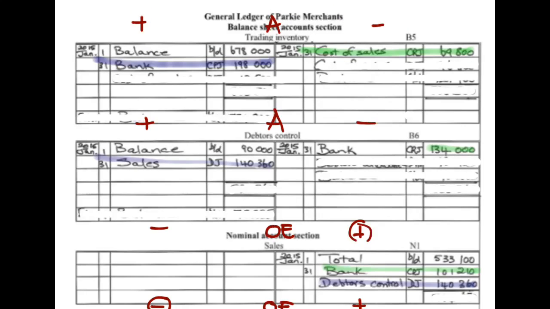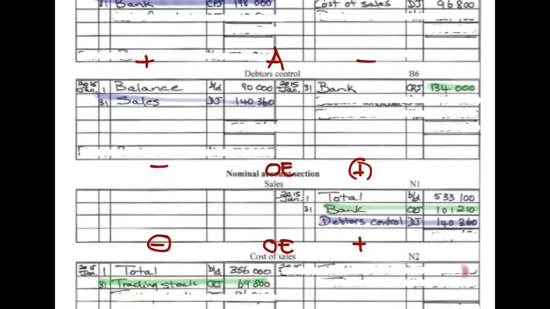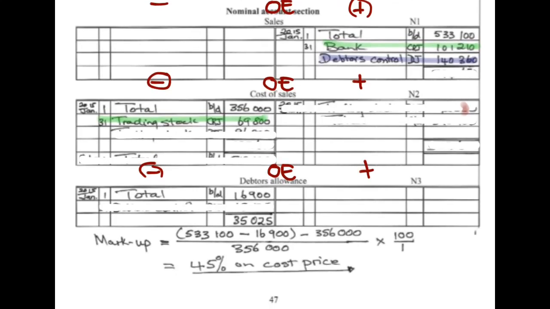Now for the recording of the cost of sales, I take the amount out of my trading stock account. So in other words, a credit in trading stock of 96,800, and I bring it into account in my expense account, 96,800. So the same thing applies.